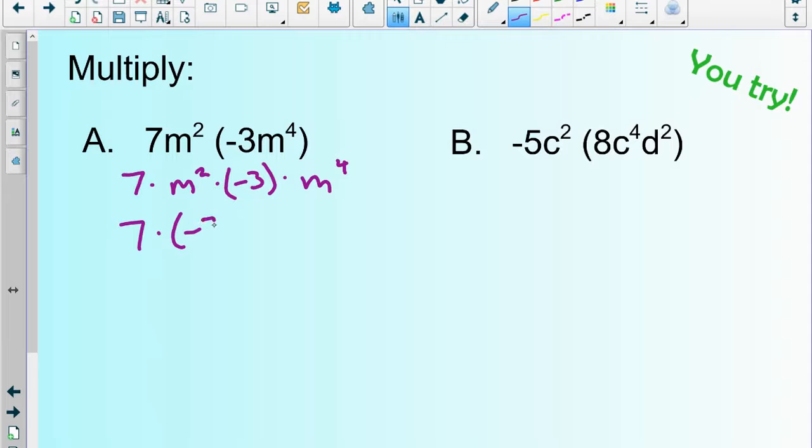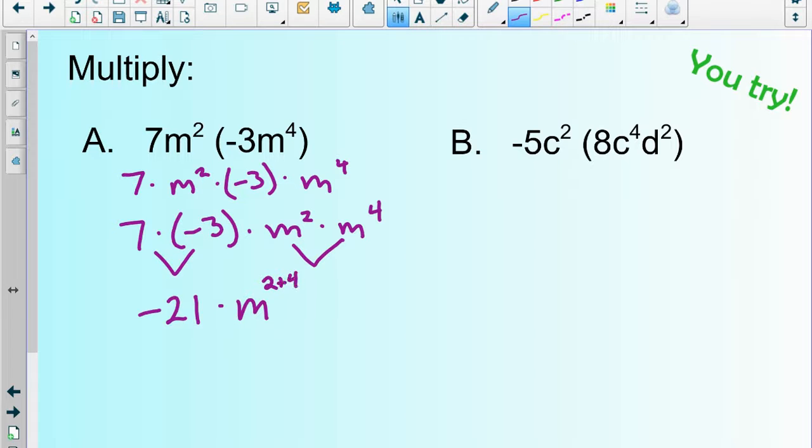So when I rearrange everything that I'm multiplying, I can multiply the coefficients together. I get negative 21. And then just remember, when I multiply the m's together, I'm not saying to multiply the exponents together. It's just m times m times m times m. You're just trying to figure out how many m's are being multiplied together. So we will add the exponents, as our product rule would tell us to do. So negative 21 times m to the 6th power, for example A.